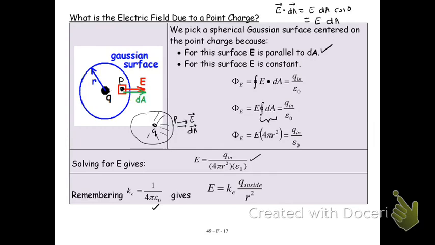I can say my epsilon naught equals 1 over 4 pi KE, and then substitute that in there. So that equals Q inside over 4 pi r squared times epsilon naught, 1 over 4 pi KE, which equals Q inside, that KE goes on top, over r squared is left.